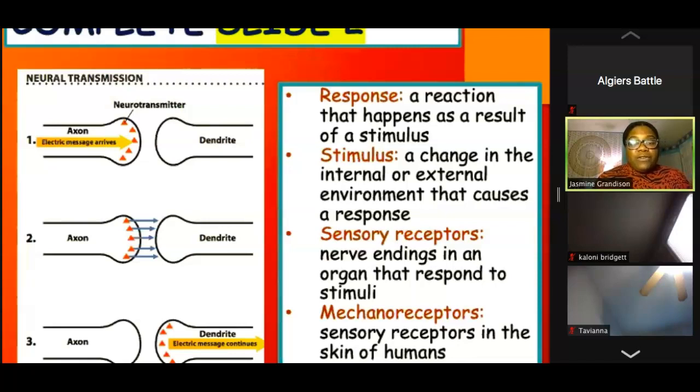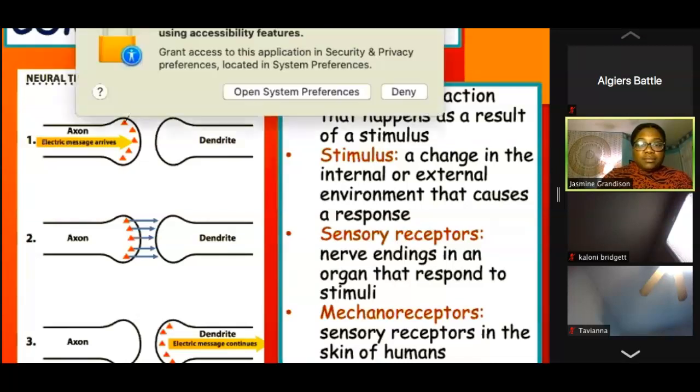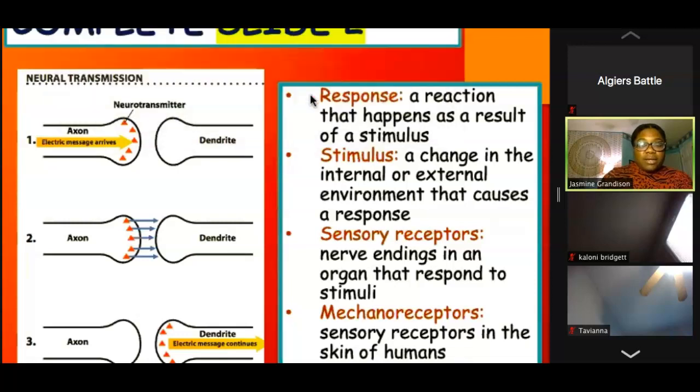We're going to be reviewing how neurons move, how neurotransmitters move throughout the neurons. That first step, number 1, the message goes through that axon, that small sliver, towards the end of that neuron. Remember that neurons do not touch. So you have that space called a synapse.